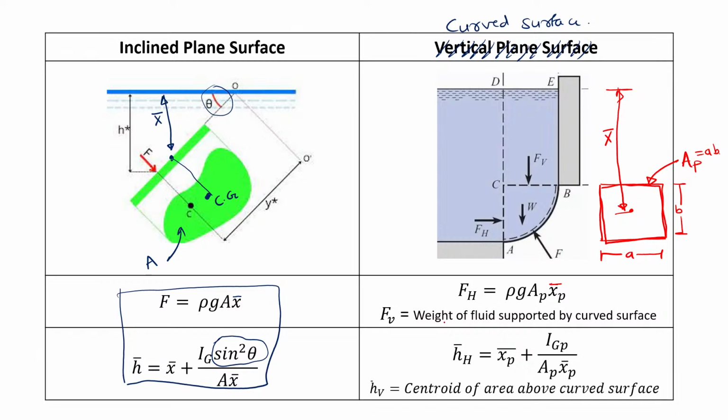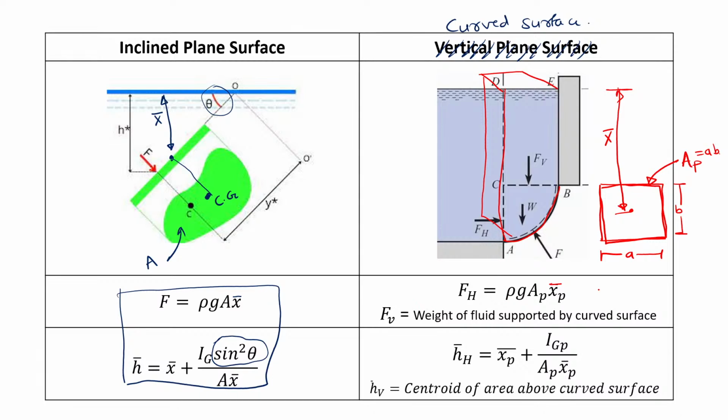We have to find out the weight of the fluid supported by the curved surface. So whatever the weight of this fluid element is there, that you have to consider, and by using that only you have to find out this vertical component of hydrostatic force.